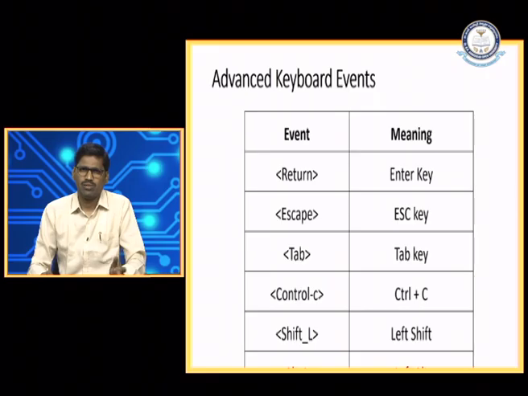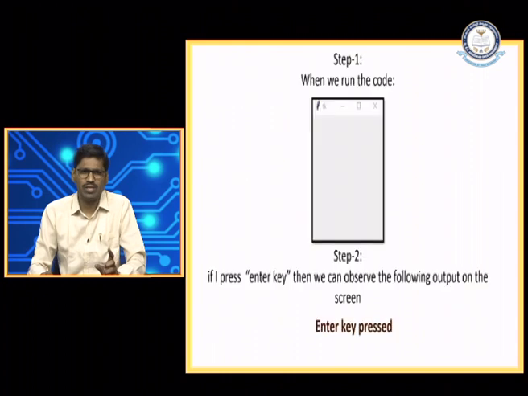Sometimes a key is pressed but does not have any printable value. Suppose the Return key, we cannot print that. In that case we can use the Return event, and we get the meaning that the Enter key is pressed. The Escape event is used to handle when the Escape key is pressed. Like that, for each and every key we have different events. With the help of that we can identify which key is pressed.